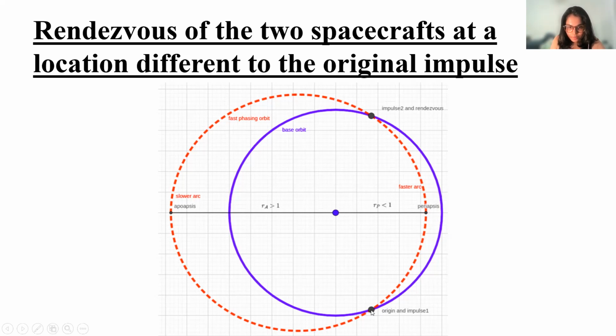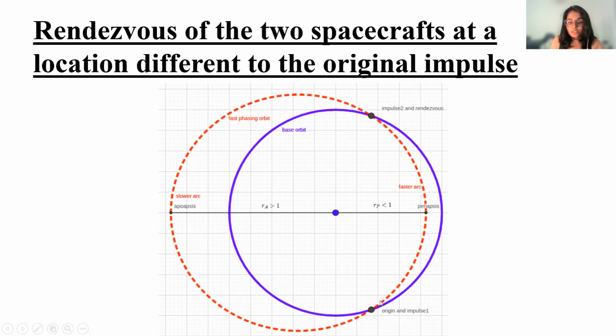This point is the place where our DST is provided the first impulse. If we have to reduce the time period of the same, which was our case 1 in the earlier slides, we will follow this faster orbit for the rendezvous to happen.